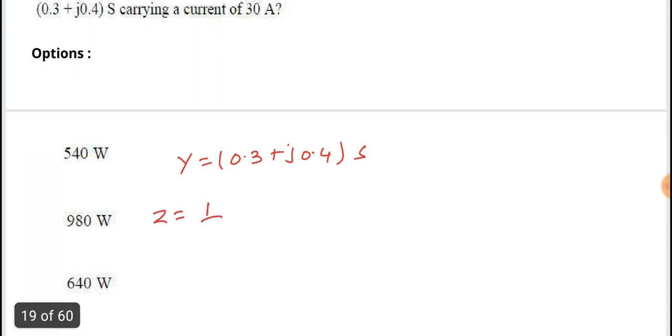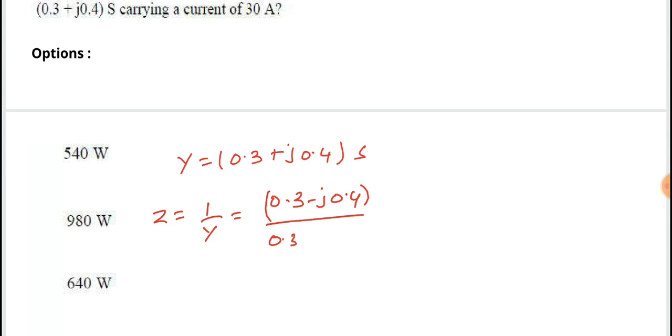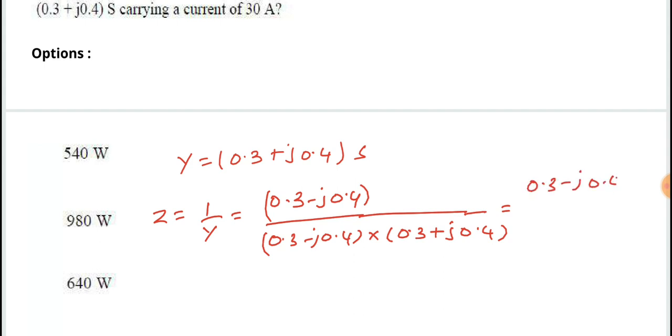Z is nothing but 1 by Y, which I can simply rationalize: 0.3 minus J0.4 divided by 0.3 minus J0.4, into 0.3 plus J0.4. If you simplify this equation, 0.3 minus J0.4 divided by 0.5 we will get.